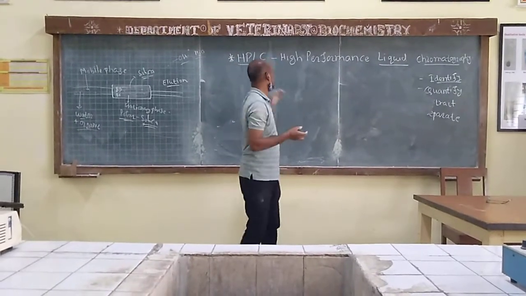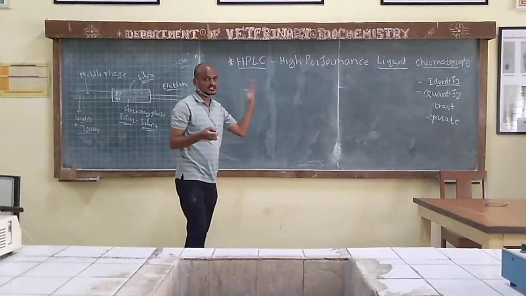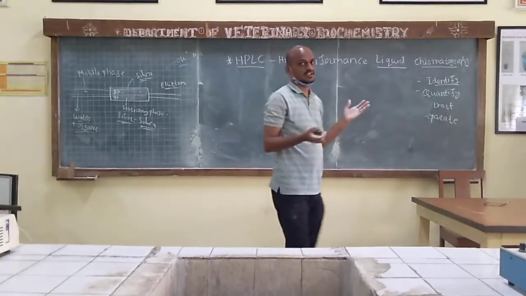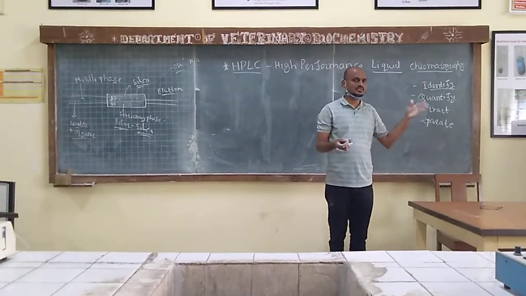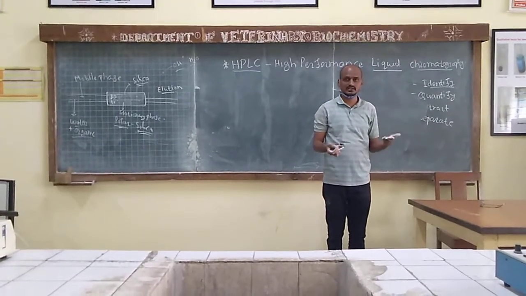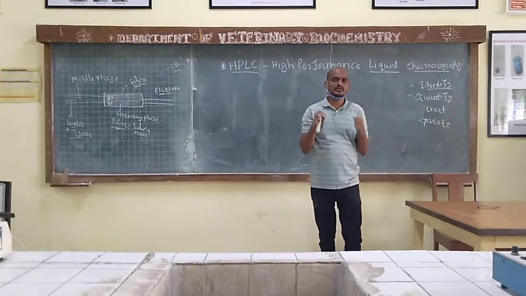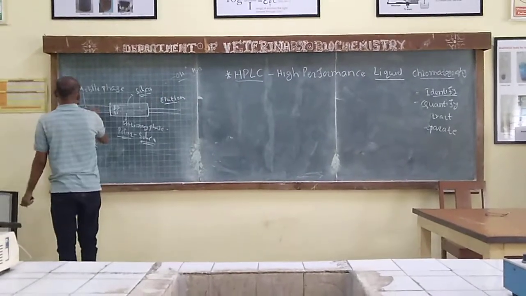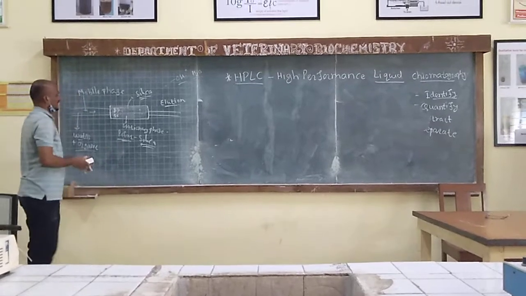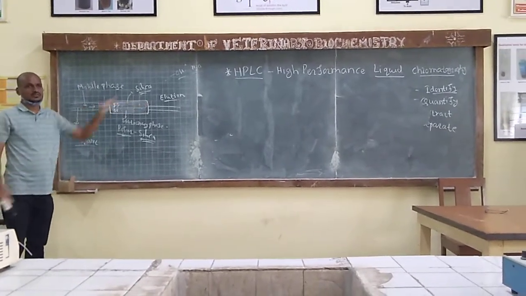That is the meaning of high performance: high pressure is applied. Because we don't want to sit all day observing whether it will come down now. So we give pressure to this mobile phase so that it moves easily through this one.